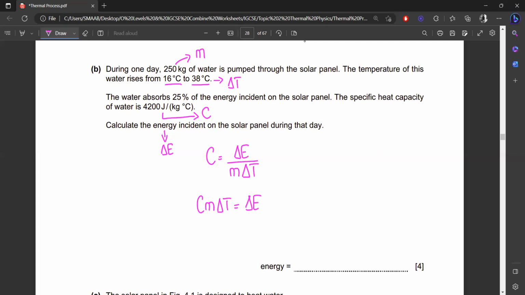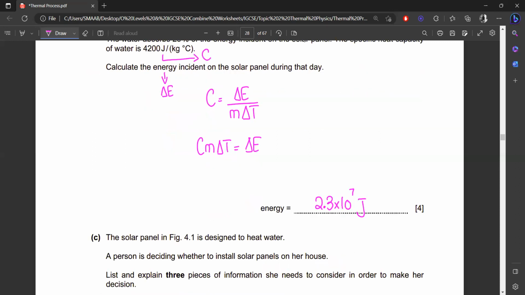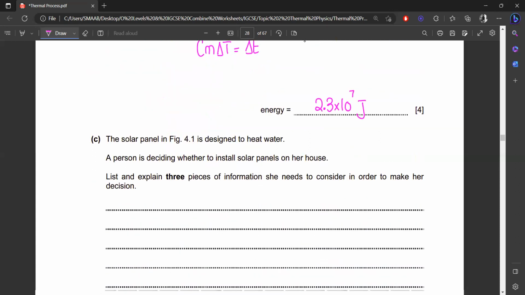It's giving 23 million. It means 2.3 × 10^7 joules, right? Okay. So this is the answer for the energy which we are receiving in daytime.